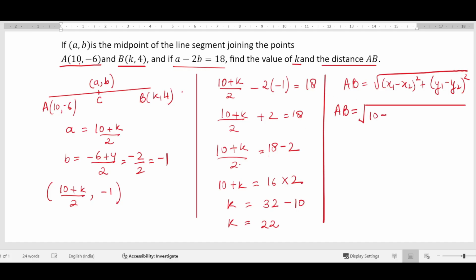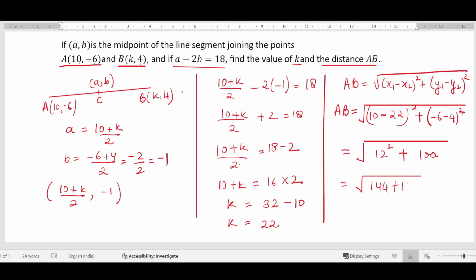So (10 - 22) whole square plus (-6 - 4) whole square is equal to the square root of 12 square plus (-6 - 4), which is -10. -10 square is 100.